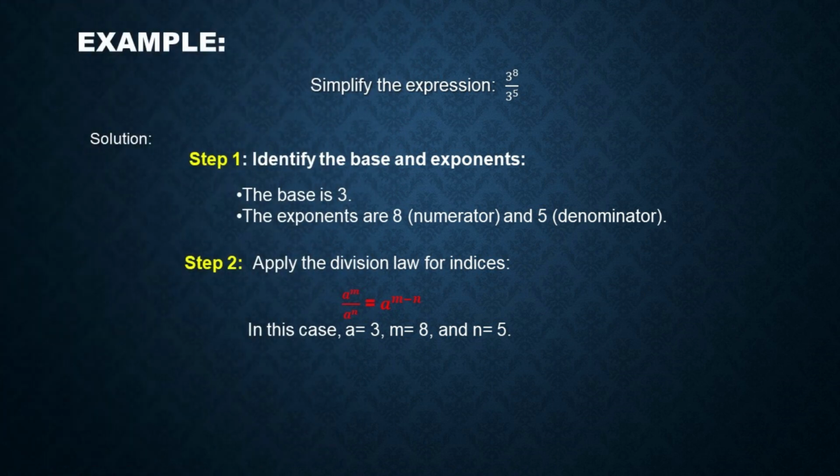Step 1. Identify the base and exponents. In this problem, the base is 3. The exponent of the numerator is 8 while the exponent of the denominator is 5. Step 2. Apply the division law for indices. According to the division law for indices, when you divide two expressions with the same base, you subtract the exponent of the denominator from the exponent of the numerator.